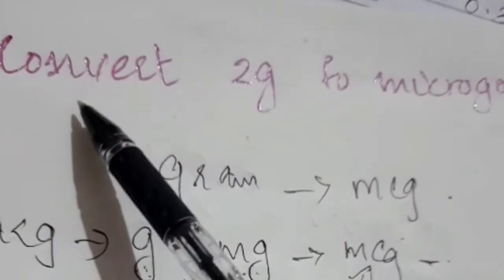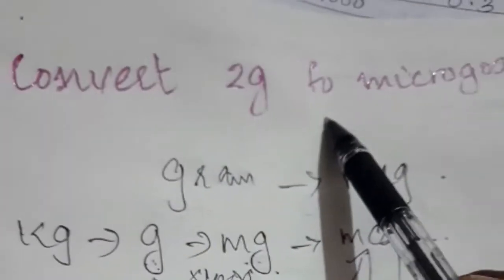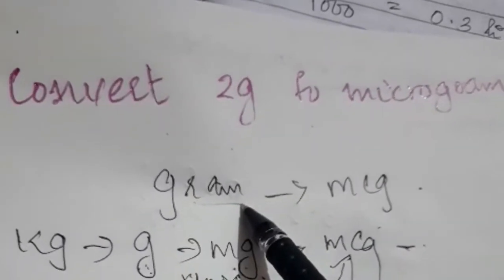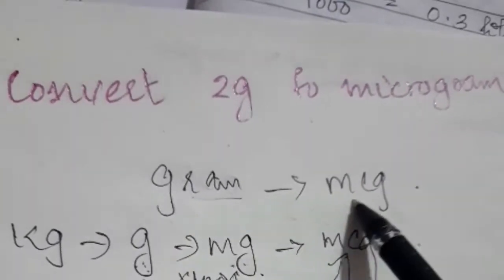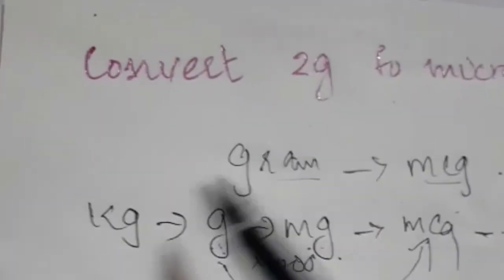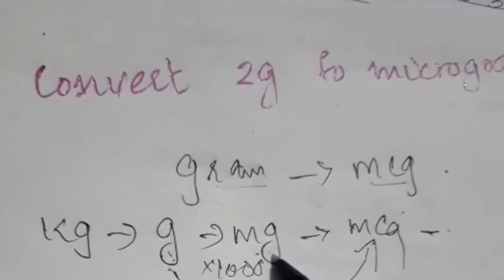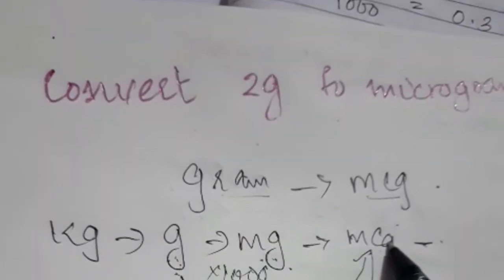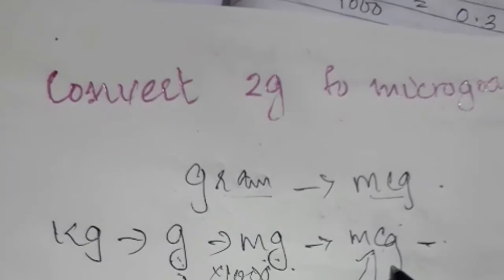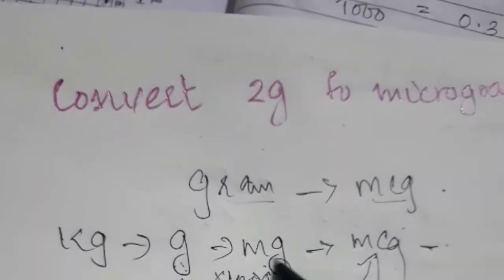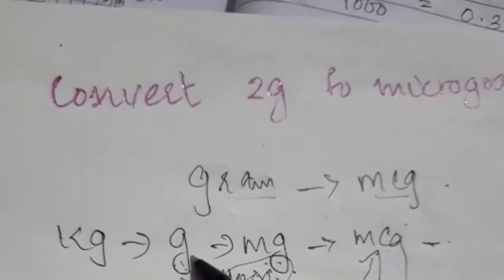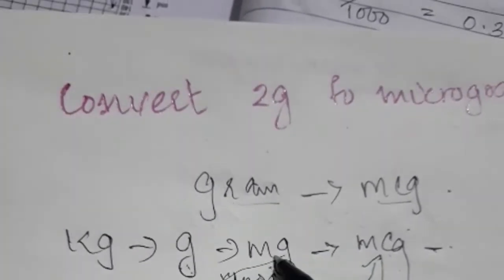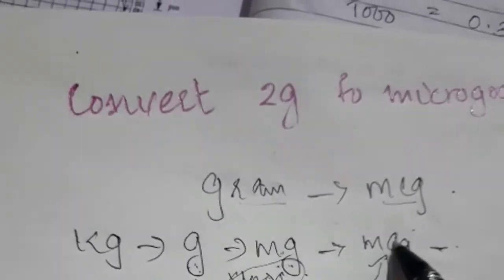Here we have another example, that is we need to convert 2 gram to microgram. Here we know that gram is the largest unit and microgram is the smallest unit, that is kilogram, then gram, then milligram, then microgram. We need to convert from gram to microgram, so largest to smallest, which means we have to multiply by 1000. Here we need to multiply 2 times: from gram to milligram 1000, from milligram to microgram 1000.